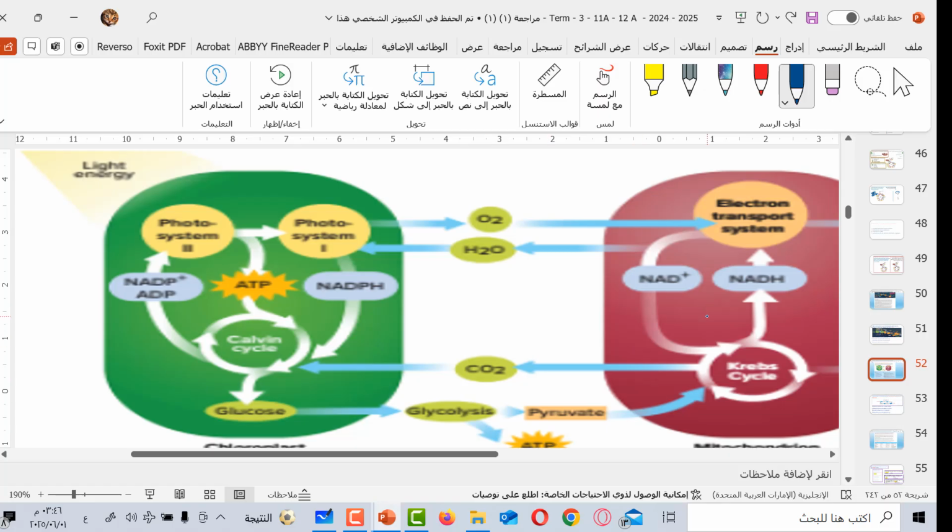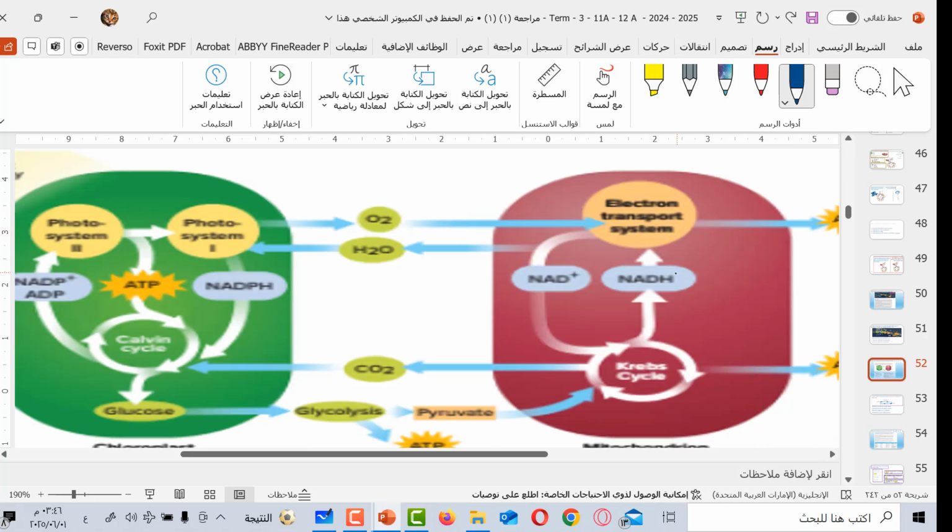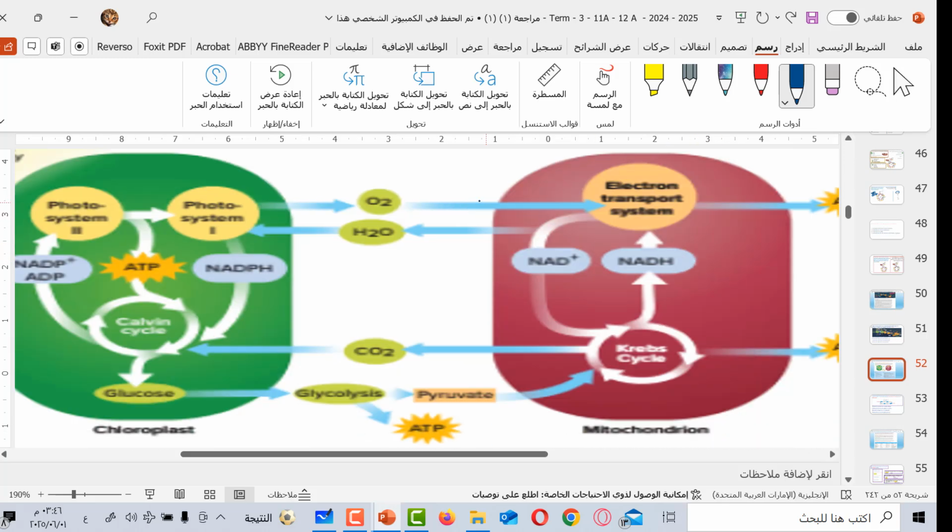On the other hand, cellular respiration takes O2 and glucose, but it goes inside the mitochondria as pyruvate.